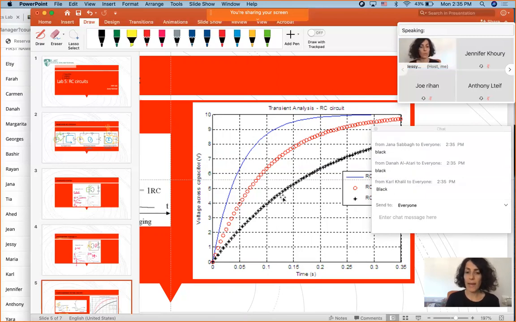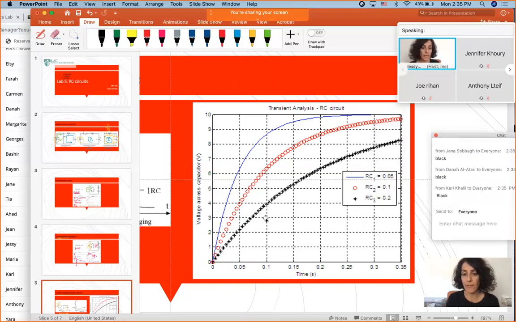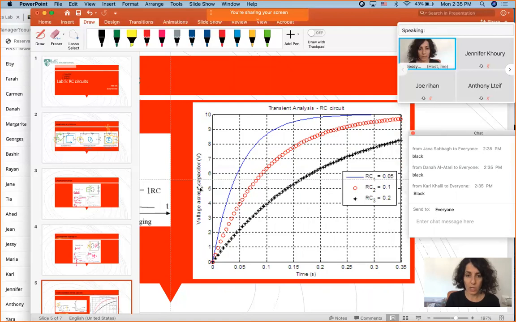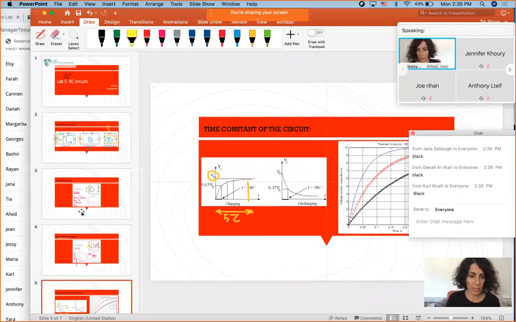So the black one takes more time to reach the maximum, and probably it doesn't have enough time to reach the maximum if you switch off the circuit. The blue takes less time, and you can see RC is 0.05 seconds in this experiment, and RC for the black one is 0.2 seconds. So it takes more time, and therefore it's slower. All right, this is only to make sure you guys got the idea.